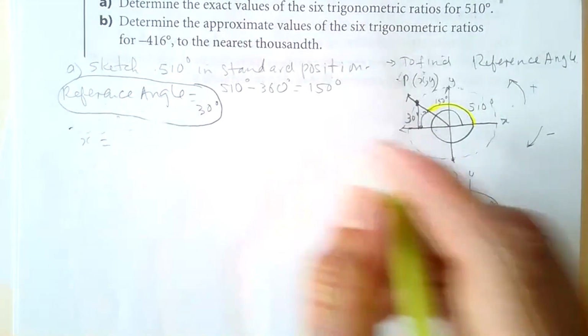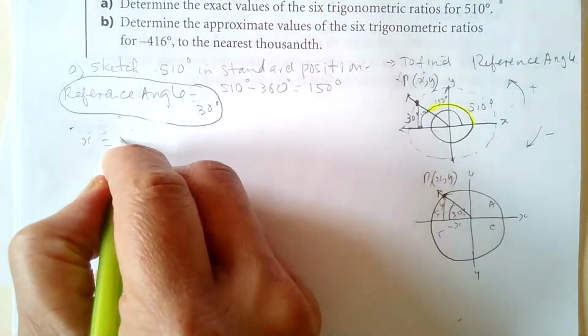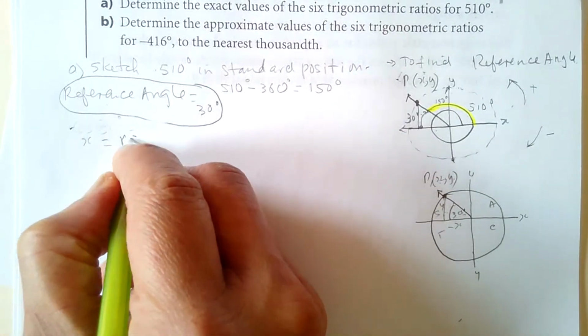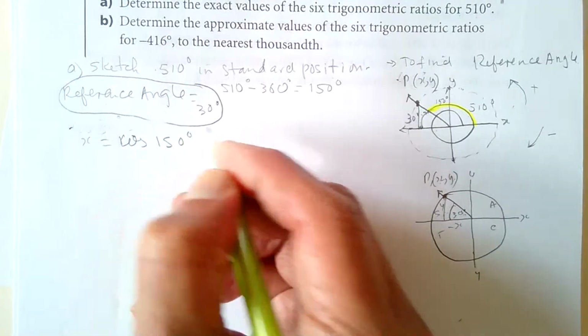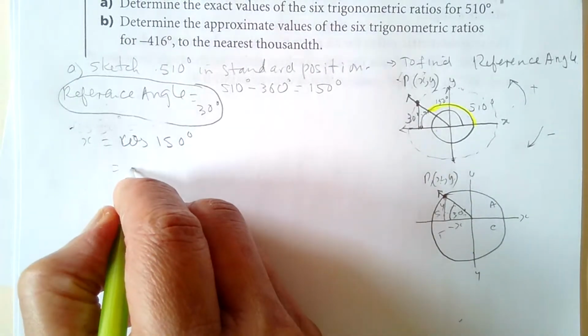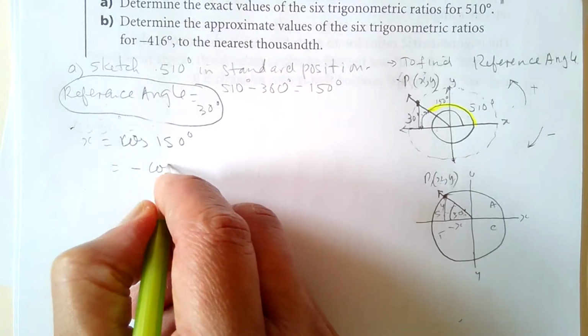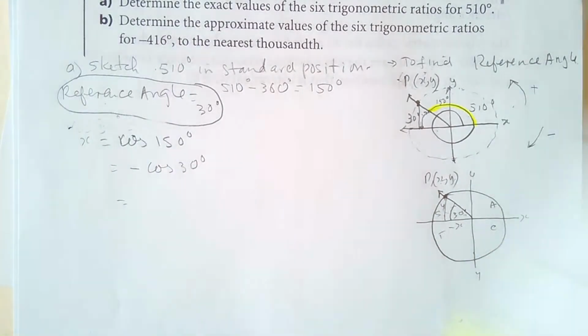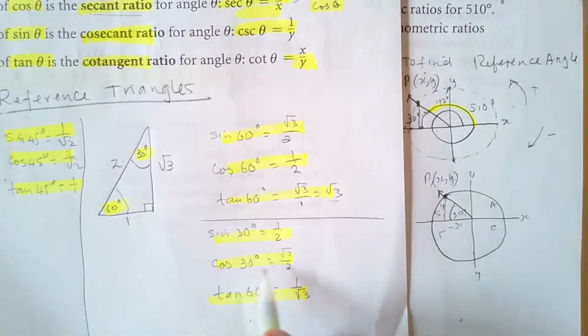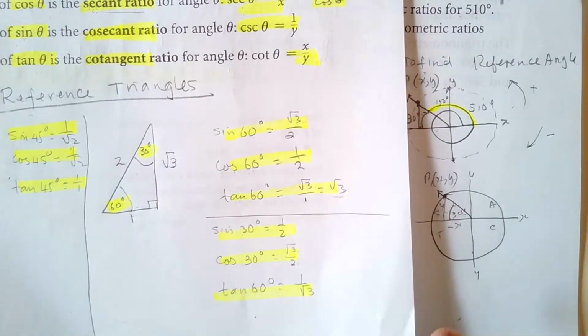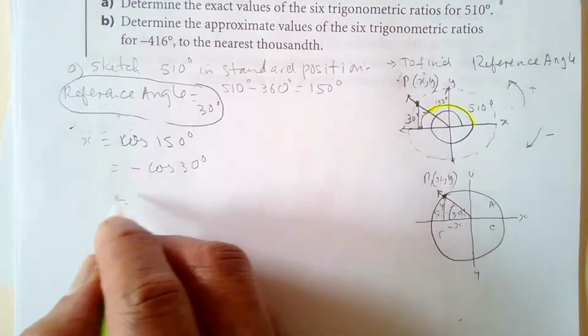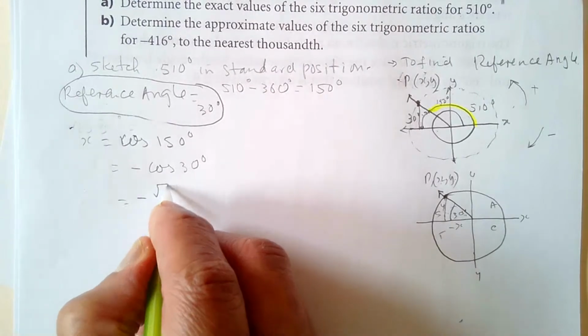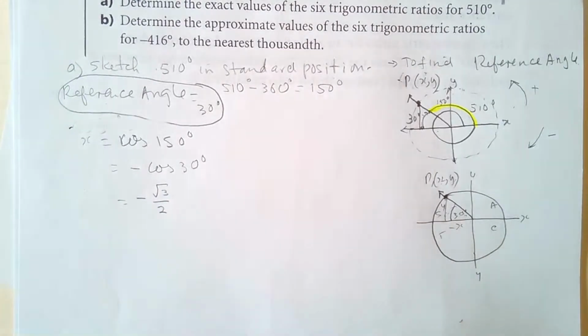So x is equal to the 150 degrees, cos 150 degrees, which is equal to negative cos 30 degrees. Now, if you look at the reference angle, cos 30 degrees is √3/2. So x is negative √3/2.